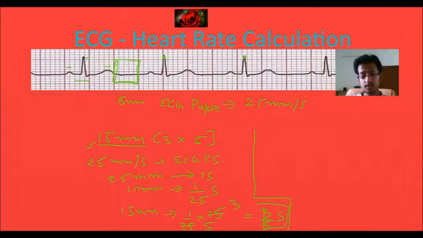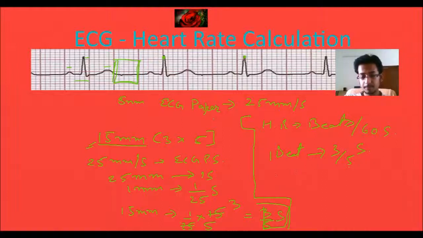So now we know the formula for heart rate. What is heart rate? Heart rate is the number of beats per minute, or per 60 seconds. Now we know one beat is taking 3/5 seconds. In 1 second, how many beats will be executing?